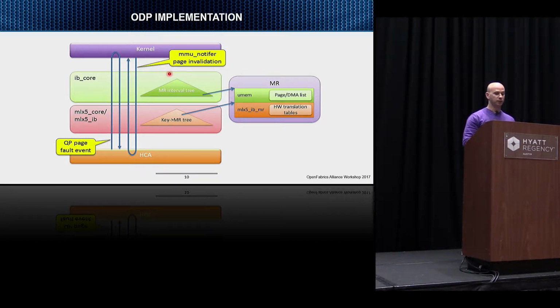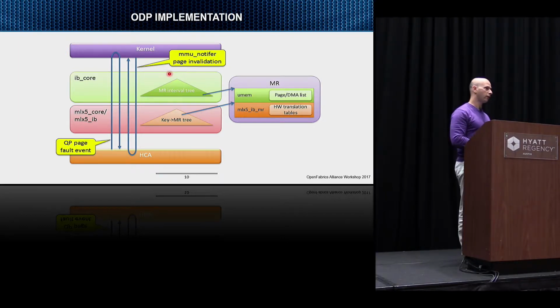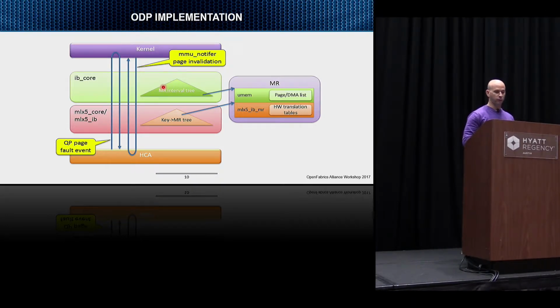On the invalidation side, invalidation starts by a call from an MMU notifier that tells us that something has changed in the process address space. And the first entity that catches this invalidation is the InfiniBand core that resolves this invalidation with a given address and finds all the overlapping memory regions that are affected by this invalidation.